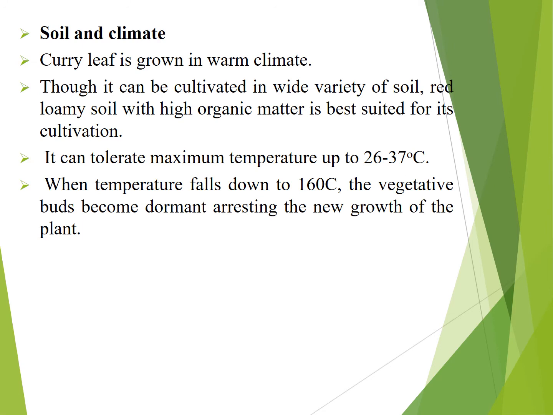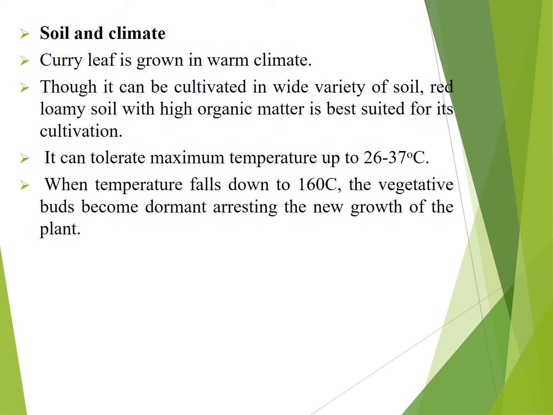Then soil and climate. Curry leaf is grown mainly in warm climatic conditions. It can be cultivated in a wide variety of soils, but red loamy soils with high organic matter are best suited for good growth and development.